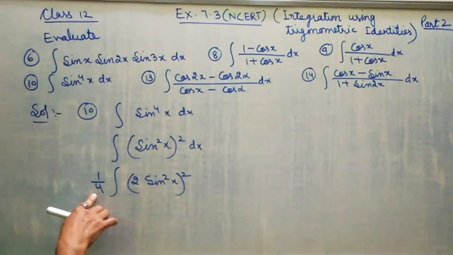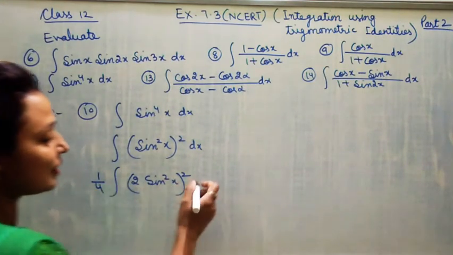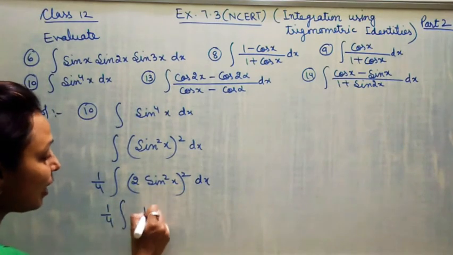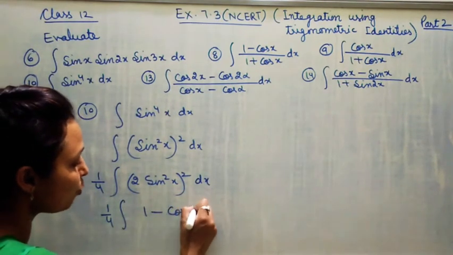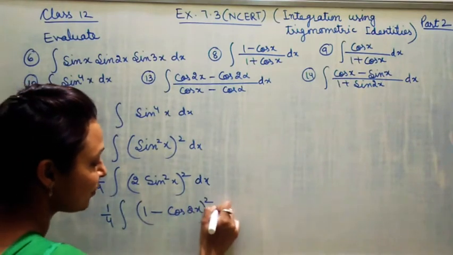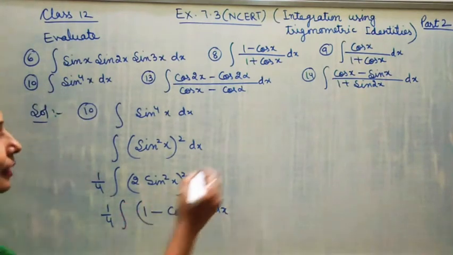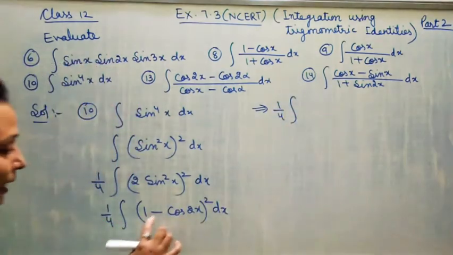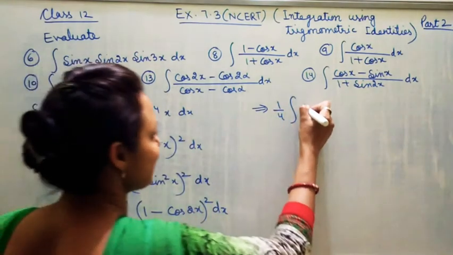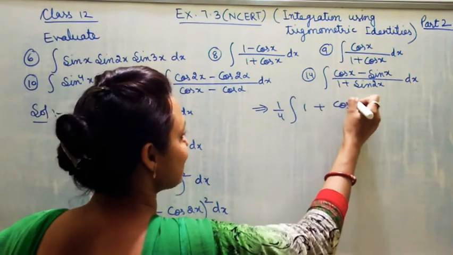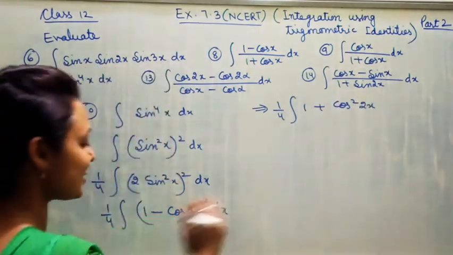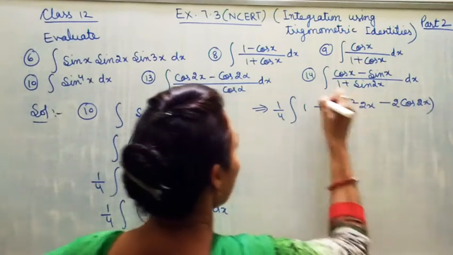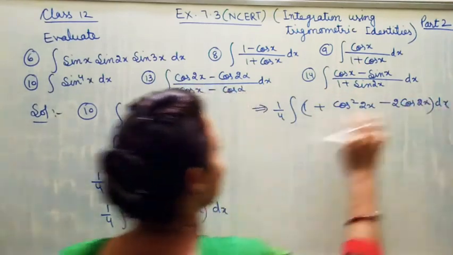So I will write the formula: 1 minus cos 2x whole square. Okay, now I will apply the trigonometric identity. What is that? A minus b whole square, that is a square plus b square minus 2ab. Right? Now how will this square be solved?